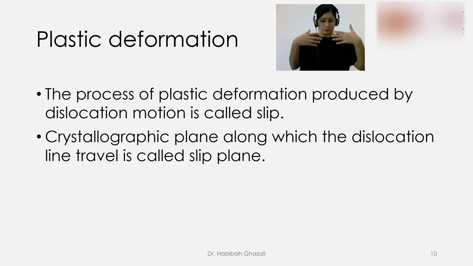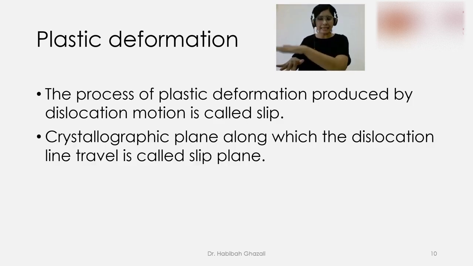Let me give you an example. If I have to choose between two paths to walk, one path has a lot of stones which make it much smoother, and the other path has a lot fewer stones. It will require a lot more effort to walk on the path that has fewer stones, because it is not as smooth as the path with more stones. It is the same with a dislocation line.